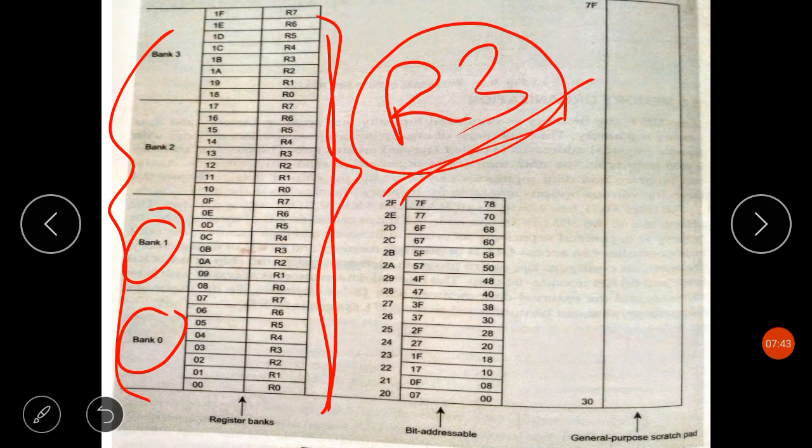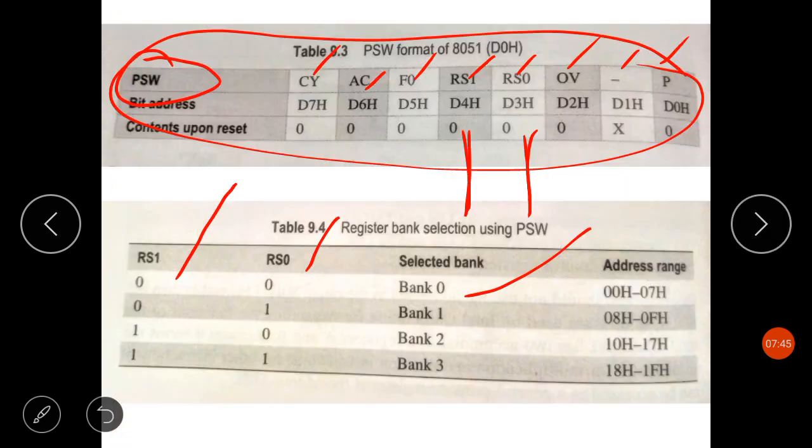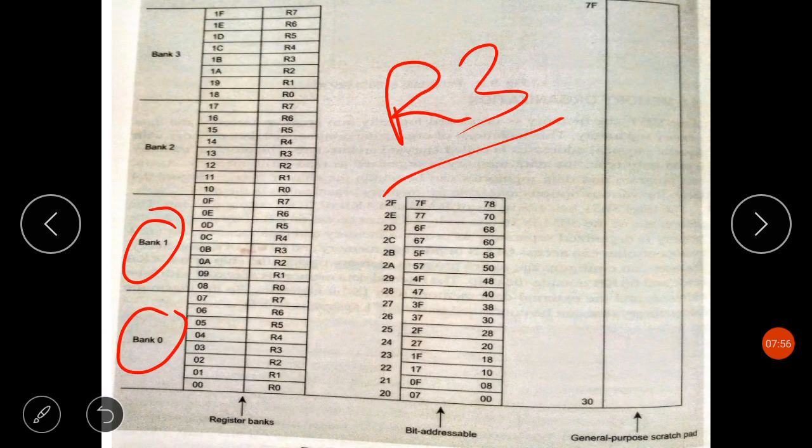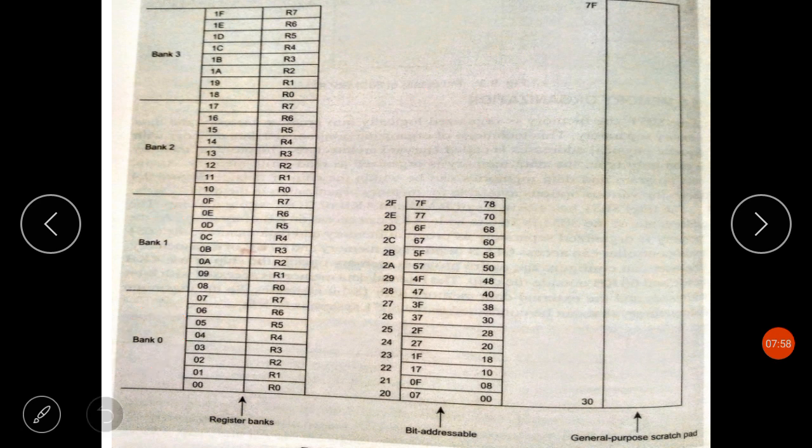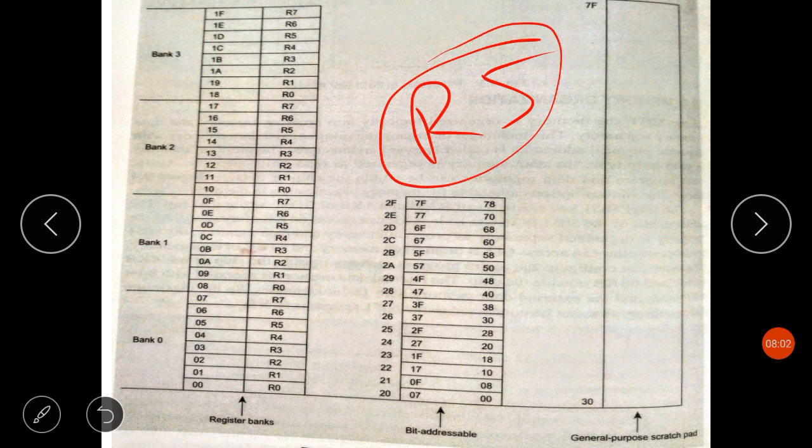Suppose the third and fourth bits of the program status word are 1 0, this means bank 2 is selected, and if I am addressing R5, then R5 of bank 2 will get selected. So the register having the name R5 of bank 2 gets selected. This is the procedure.